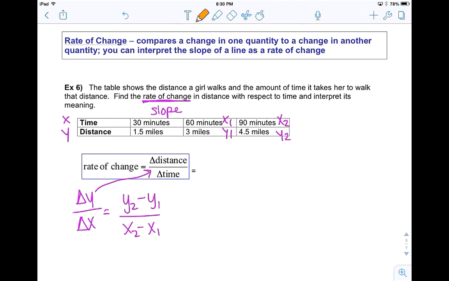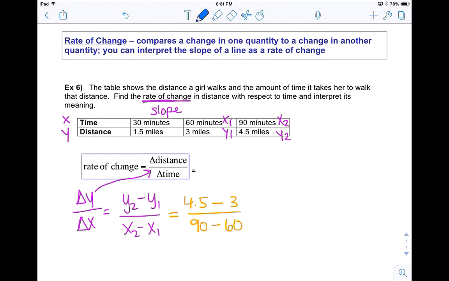Okay, and we've already labeled our points, so now we just have to plug it in. So y2 is going to be 4.5, subtract y1, which is 3, and then divided by x2, which is 90, subtracting x1, which is 60.